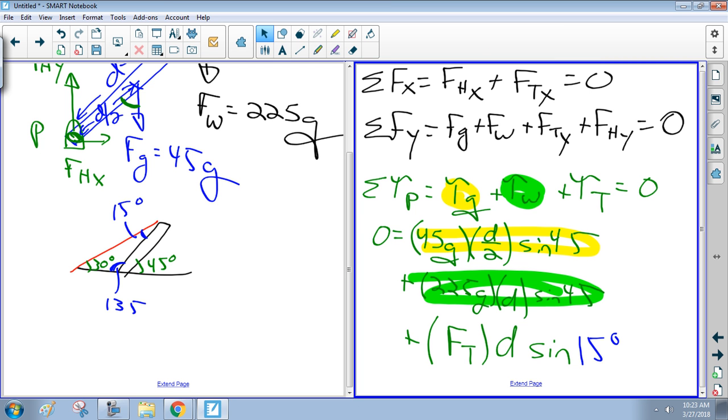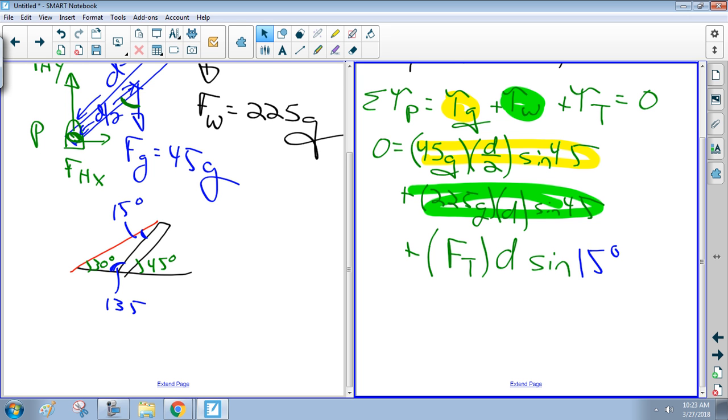All right. So solving this, I guess you can go ahead and cancel out the D's, right? And solve it. Do I need to go through the algebra on this? Okay, so that tension force turns out to be whatever the answer was on the sheet, 6,630.